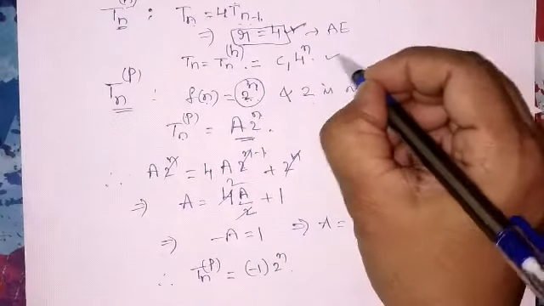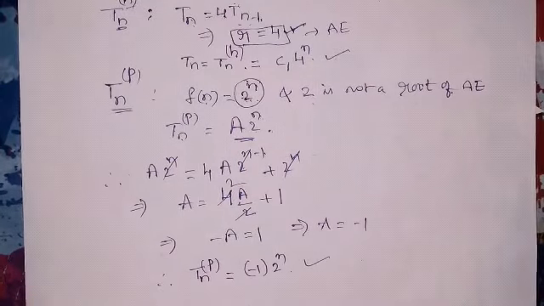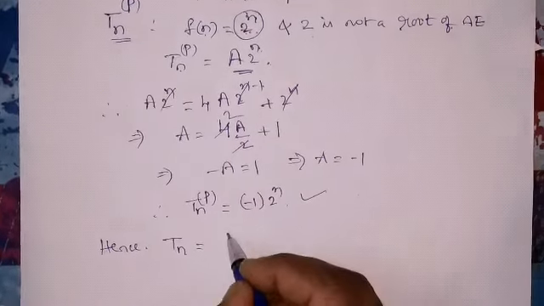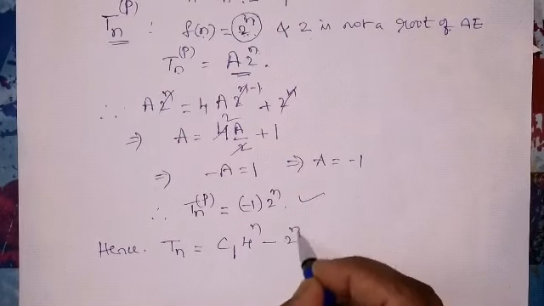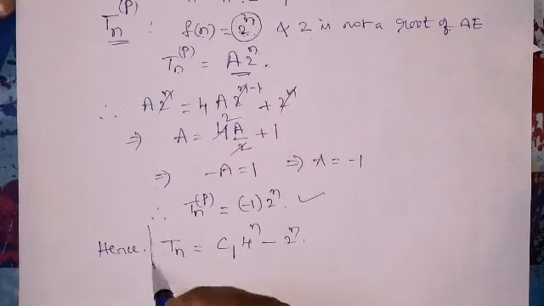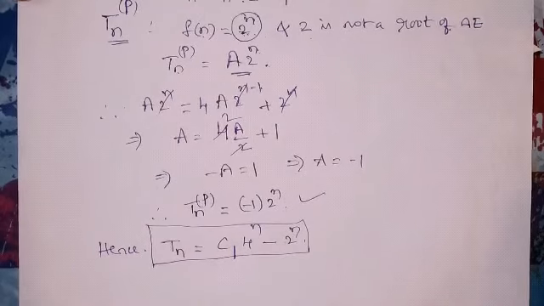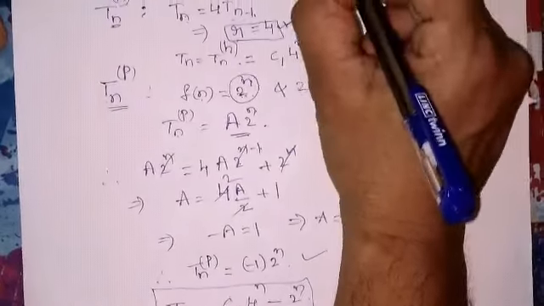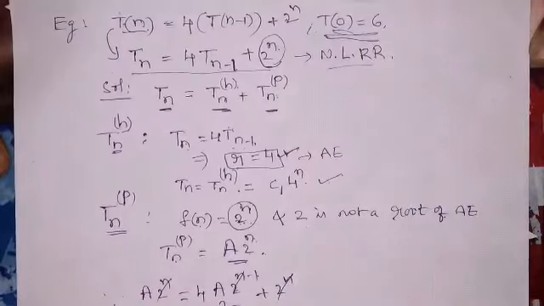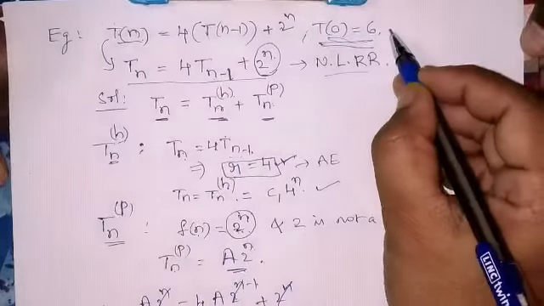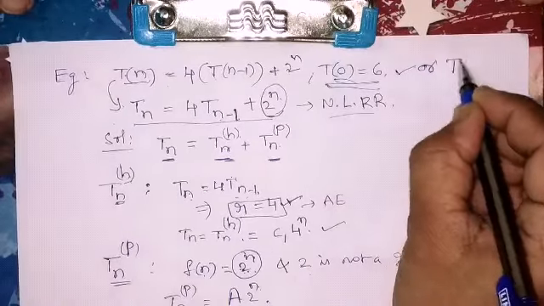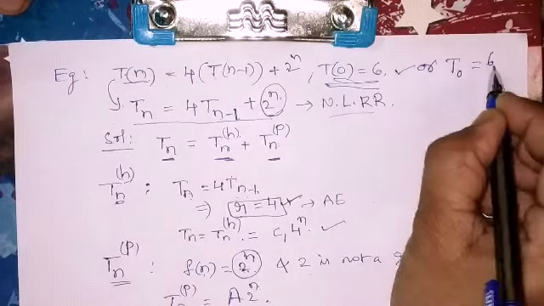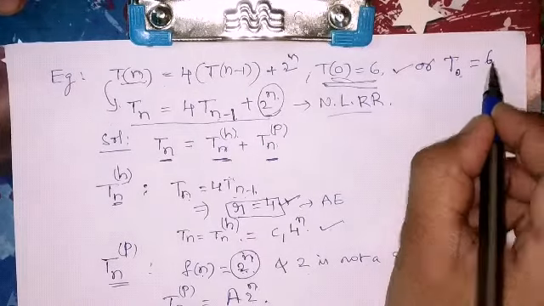Now adding up the homogeneous and the particular solution parts, we can give the required solution as Tn is equal to C1 into 4 power n minus 2 power n. Right? This would have been the required solution if there were no conditions like T of 0 equal to 6. Because T of 0 equal to 6 is given, which means that when n is 0, Tn equal to 6.